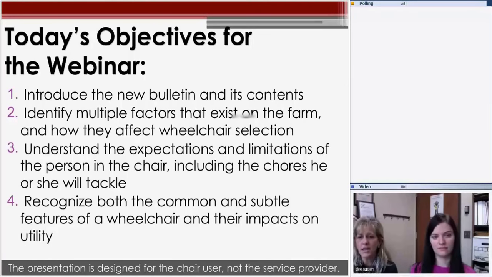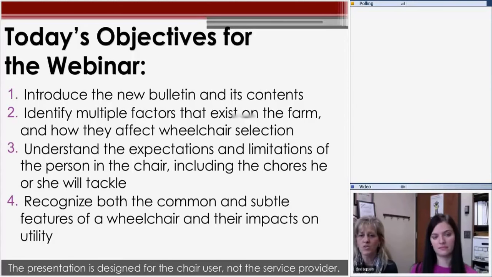And then also taking into consideration the user and the type of chores that they'll do and how that might affect which type of chair they would choose. And I think what you'll see, and those that are practicing know, is that one chair is not one size fits all, and there will be different chairs for different purposes.